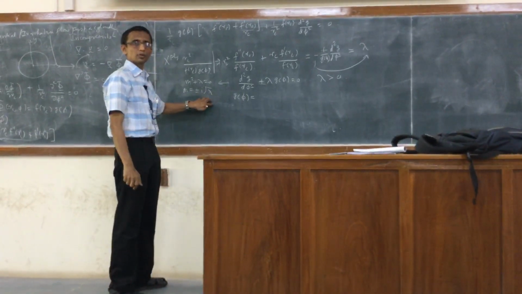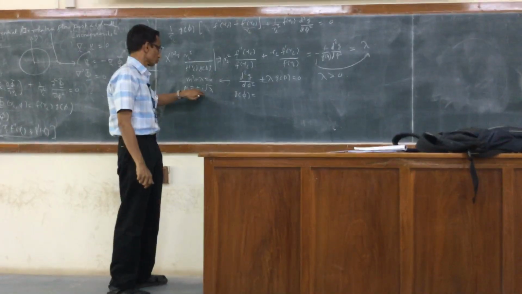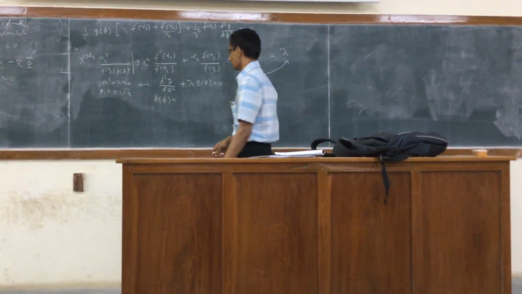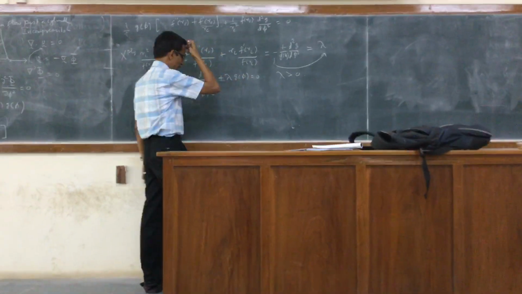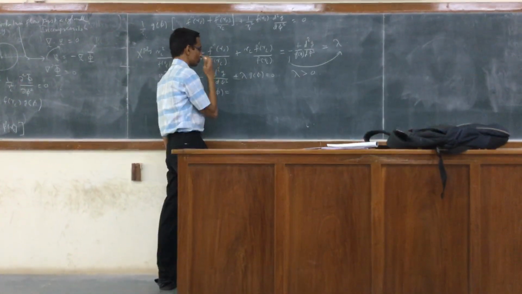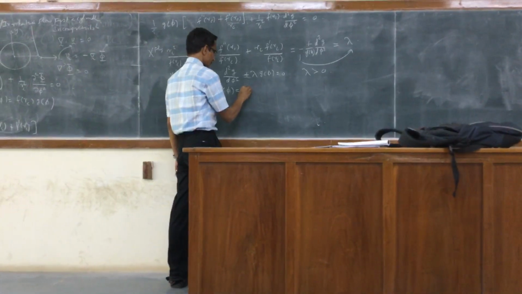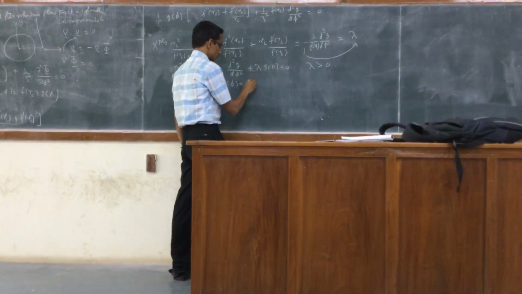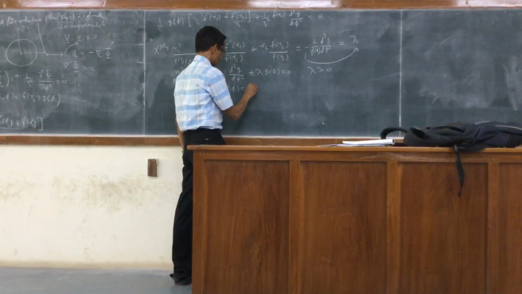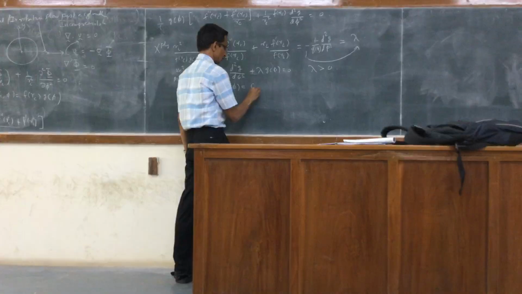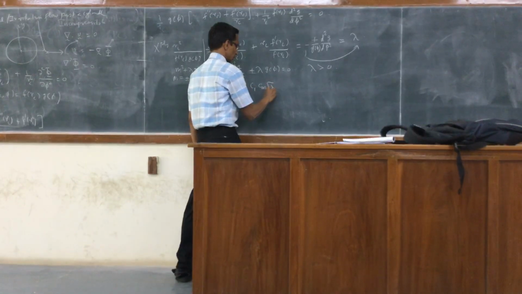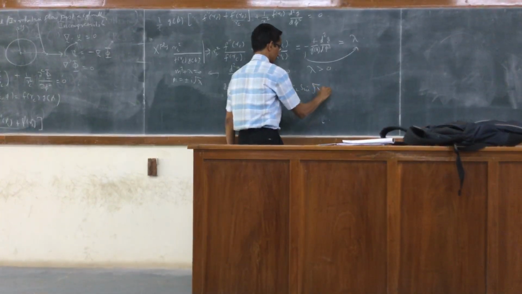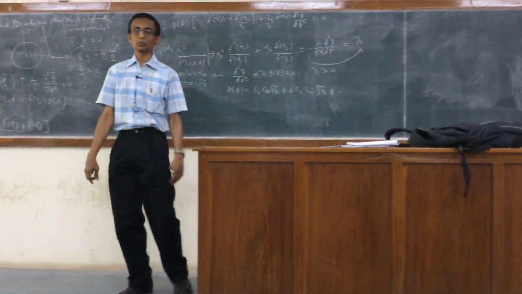When I say root of lambda, take the positive value of the root, so it would be i times that. And for this case, the general solution will be of the form some C1 cos root lambda phi plus C2 sin root lambda phi. So this is the form it would have.